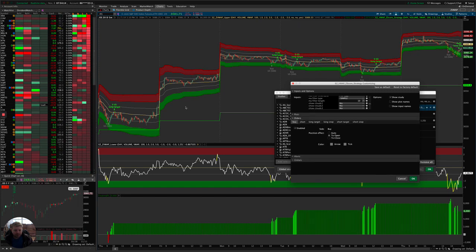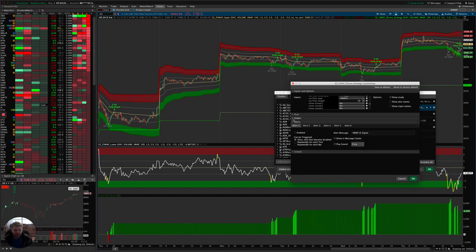Orders. These are the orders for the actual backtester that allow you to customize their behavior a little bit and change the color of the entry plot and so forth. I probably shouldn't need to adjust that too much, but if you know what you're doing, you can adjust those.